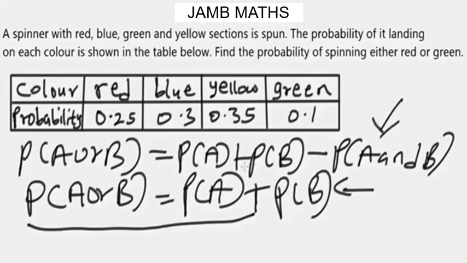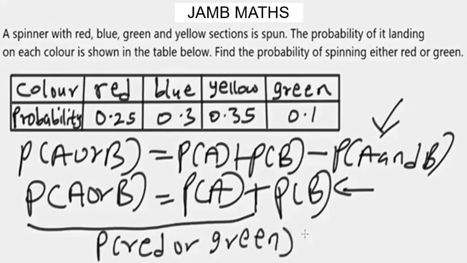So when you do this, the probability of red or green will be the probability of red plus the probability of green.